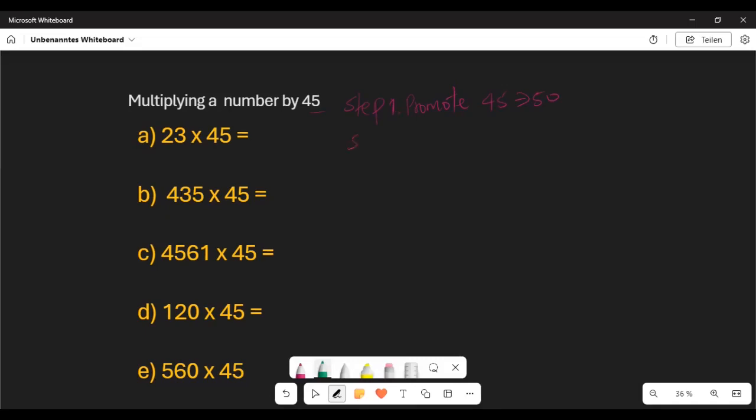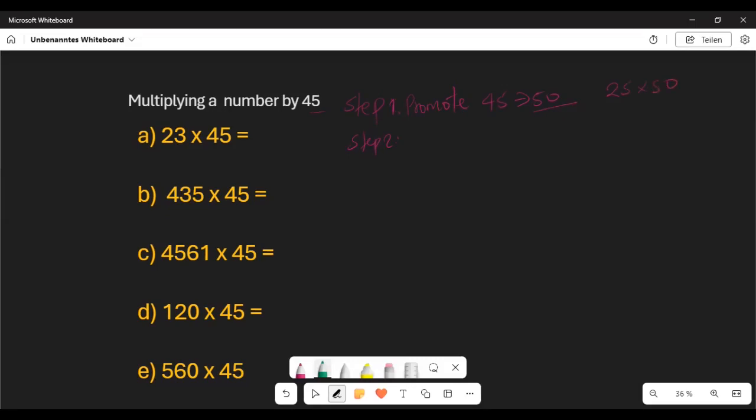And if you remember, for step two, the most important thing is how to multiply a number by 50. If you didn't watch the video, normally we basically just multiply that number. So let's say we have 25 multiplied by 50.